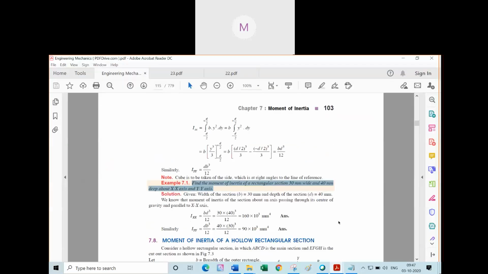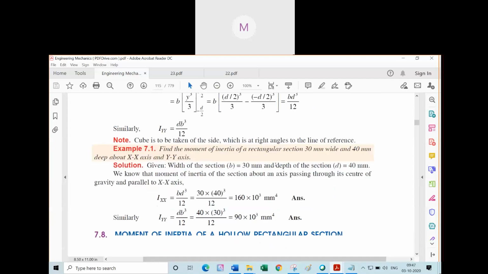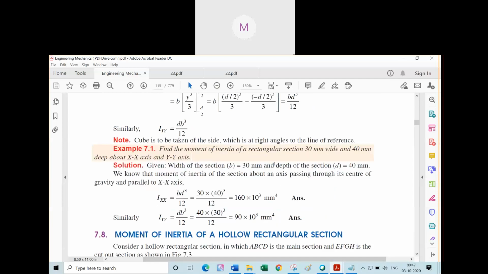So this is the answer. Can you see the screen? Can you see the solved numerical? Students, can you see the solved numerical? Yes, sir. Yes, you can see.